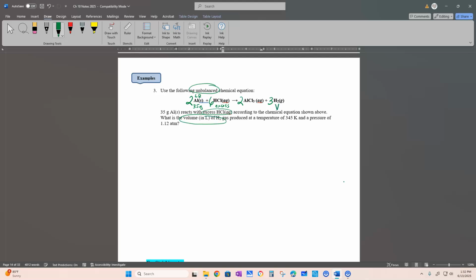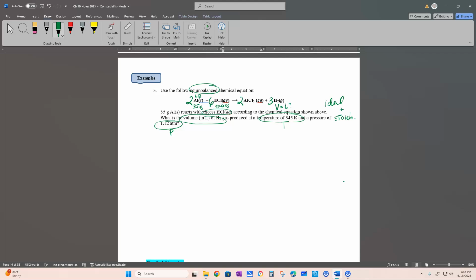I want the volume of H2, but I want it in liters, at this temperature and at that pressure. Well, my temperature is in Kelvin, my pressure is in atm, so that's good. So not only am I using gas laws, the ideal gas equation, but I also have to do some stoich.